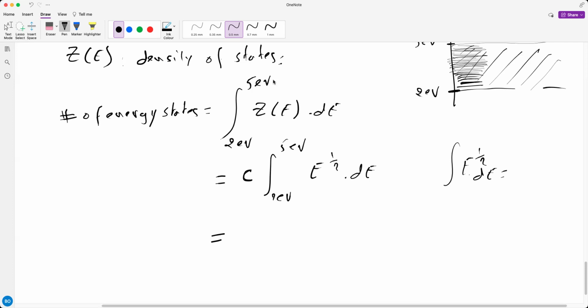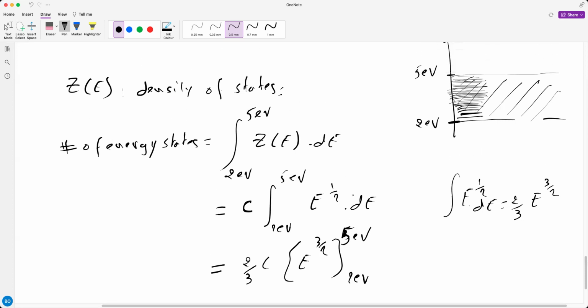Yes, so 2/3 E to the power of 3/2. So it's 2/3 C E to the power of 3/2 from 2 electron volt to 5 electron volt.